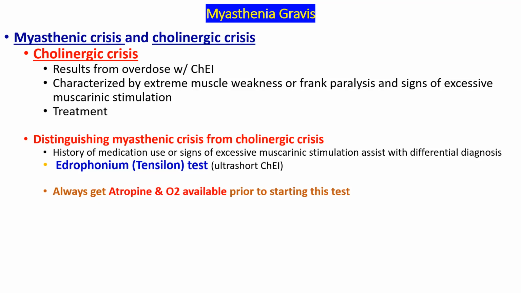So to distinguish between the myasthenic crisis and cholinergic crisis, cholinergic comes from receiving too much of the cholinesterase inhibitor medication, an overdose with the cholinesterase inhibitors.